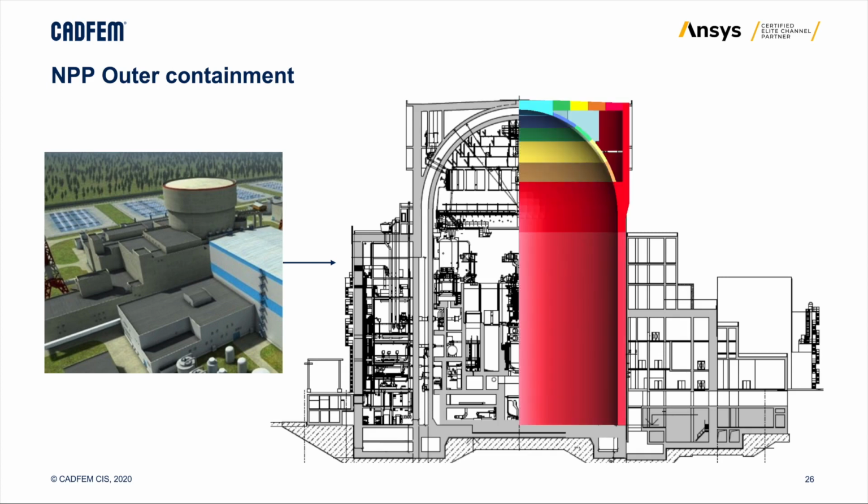Now we can simulate only the outer containment, because this part will take all the load. We should also check that the outer containment keeps its integrity and will not touch the inner containment, because the inner containment contains very important equipment.